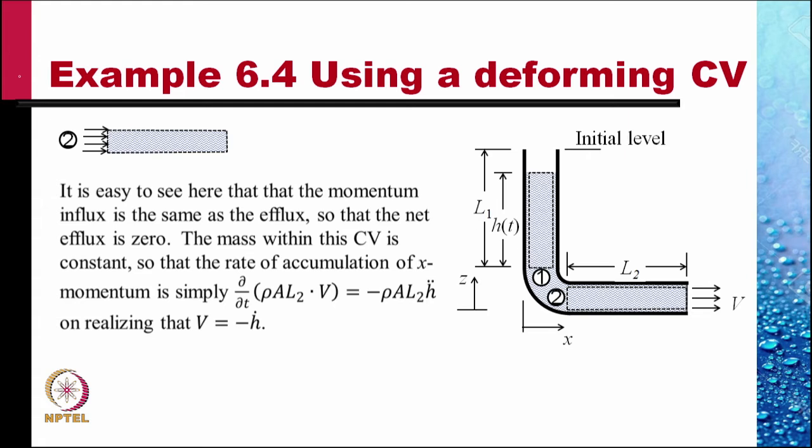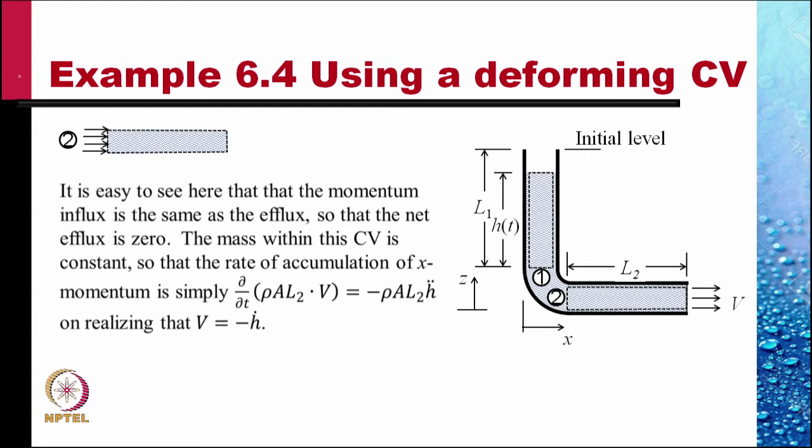So net efflux is 0. Also, we evaluate the accumulation term. The total mass contained within this tube is constant at rho A L2, but the velocity is changing, and the velocity is minus h dot.